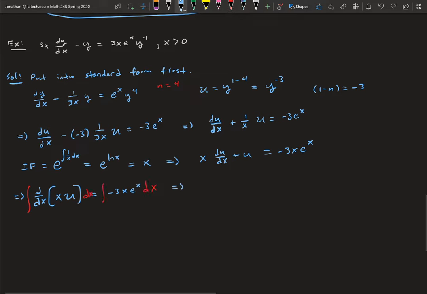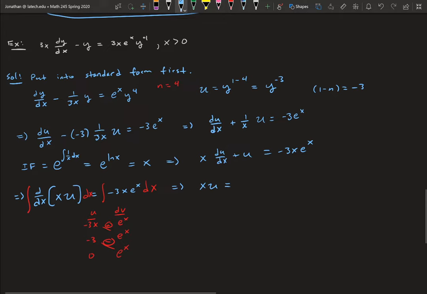That's going to be x times u equals, let's see, do a tabular integration here, u and dv, so negative 3x, e to the x, negative 3, 0, e to the x, plus minus.